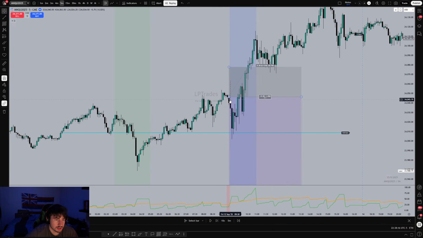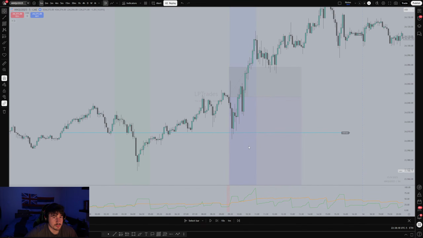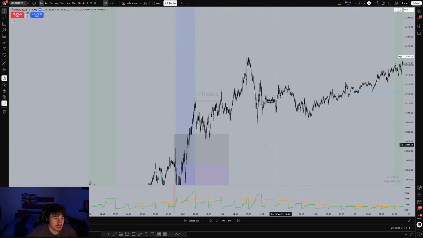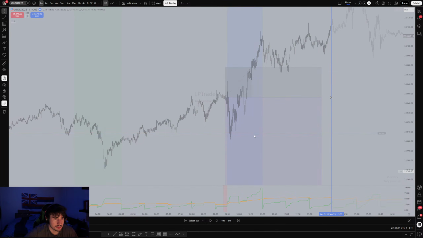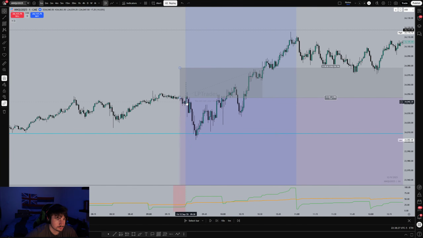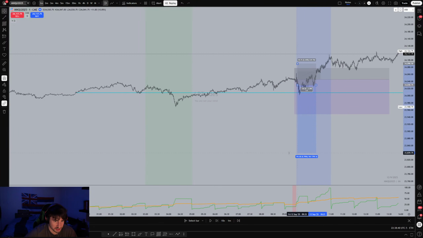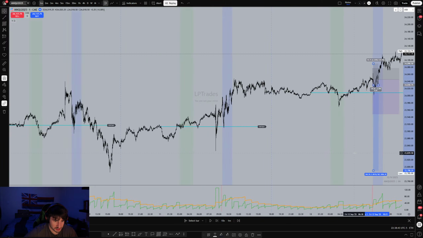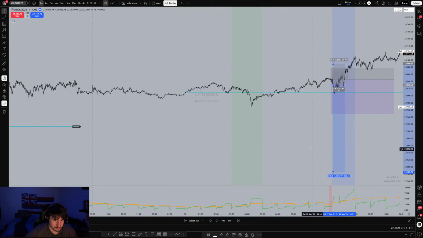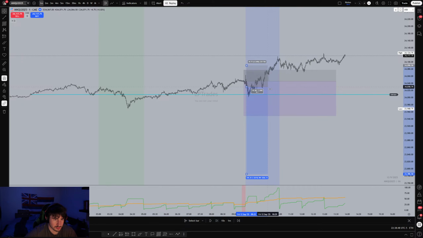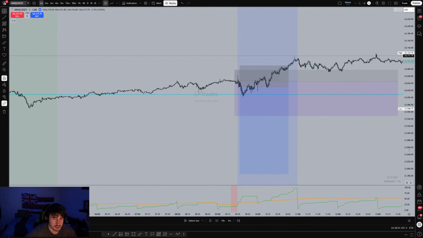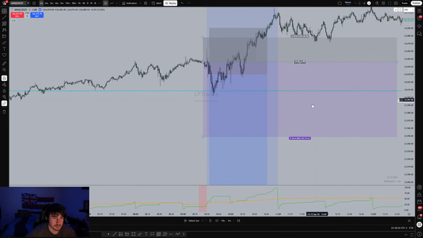But dropping down a limit, let's see if I have an entry. Yeah, so I probably would enter right here with a 60-point stop. I was using a 60-point stop at the beginning of the year because of the whole Trump stuff, but I might reduce it if I see that it's just not too wide.